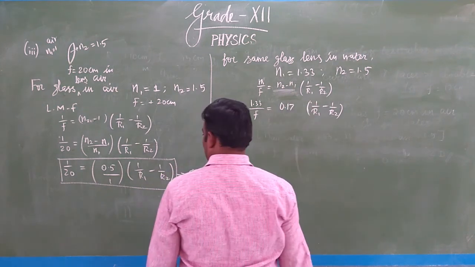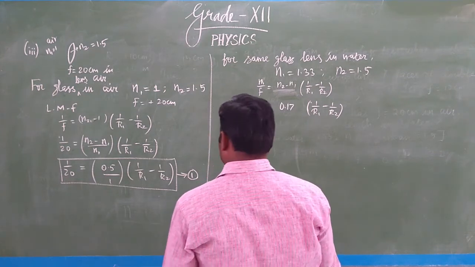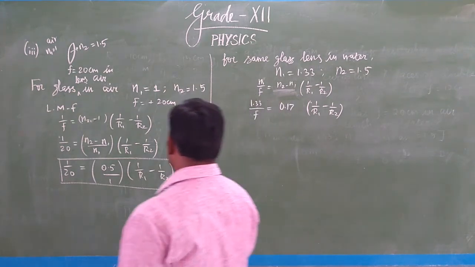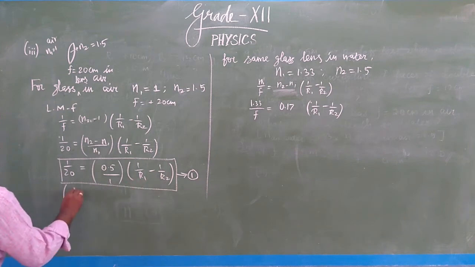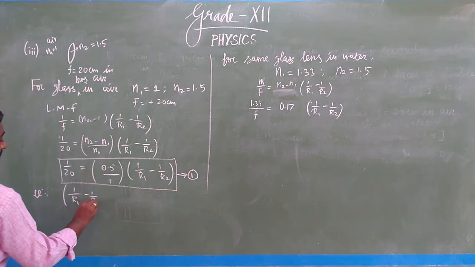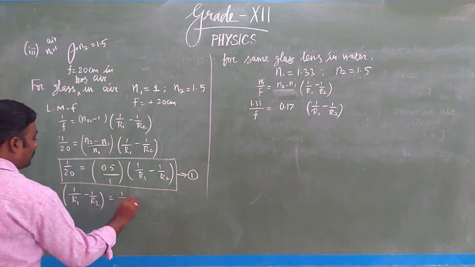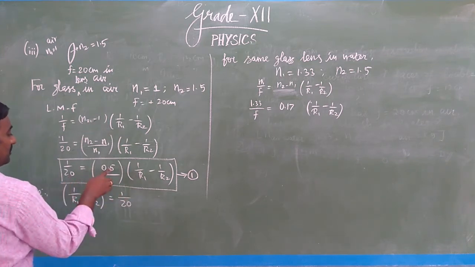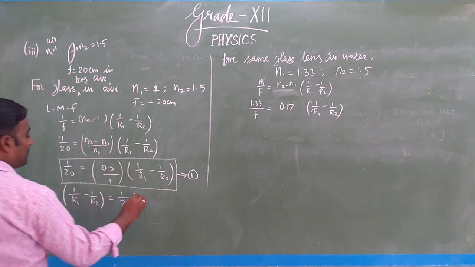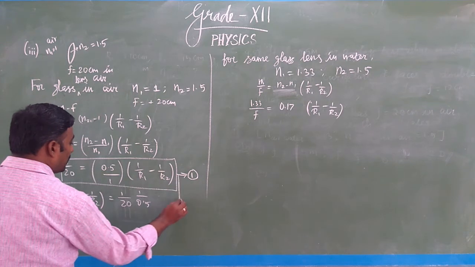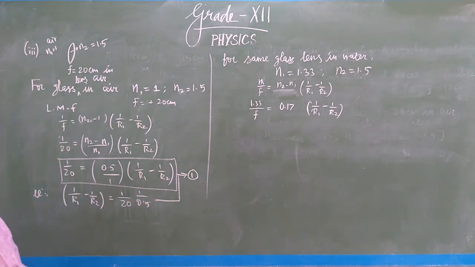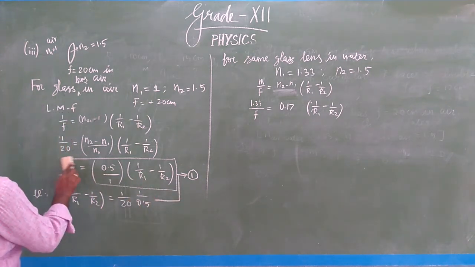Then from the first equation, we want this term alone, 1 by r1 minus 1 by r2, which is equal to 1 by 20, and the 0.5 goes to that side, becoming 1 by 0.5. So this is equation 1.